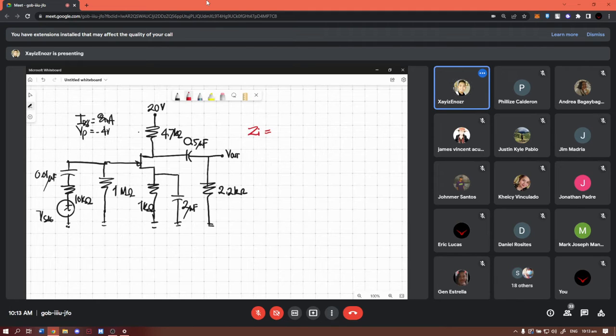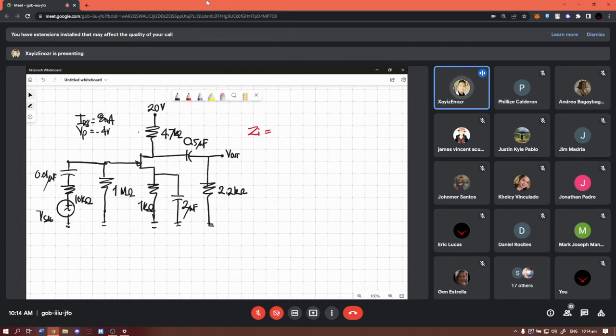Zin is equal to... anyone? What is the input impedance of our common source amplifier? Nobody is answering again. Anyone? Is anyone going to answer? It's very easy. What is the input impedance?